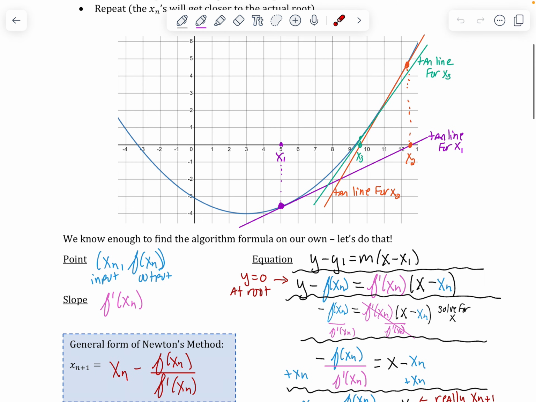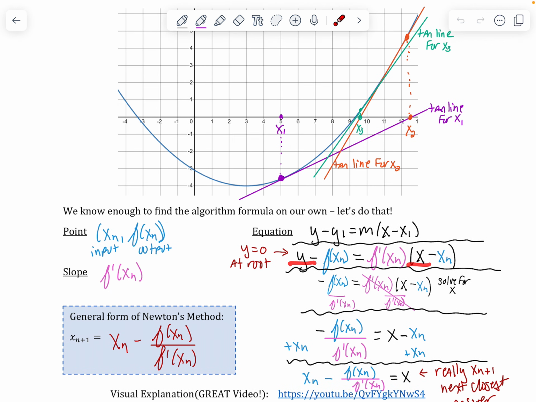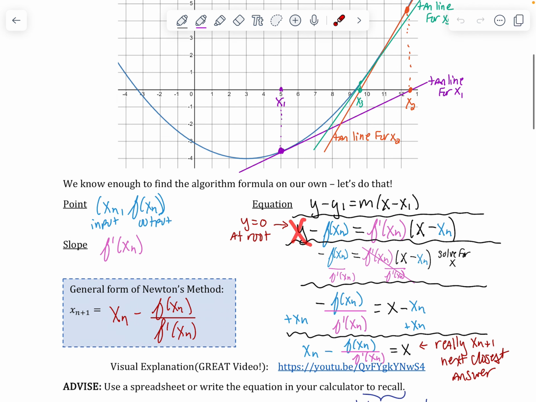So I took my linear equation and said I had an input of x_n, whatever guess I'm on, and it had an output of f of x_n. We know that the slope is the derivative at that same point. I'm stuck with y and x. But remember, we want a solution. We want to know when we're on the x-axis, so we want the height to be 0. So we can just get rid of that, and now x is the true solution.